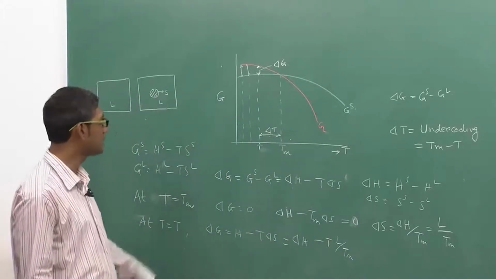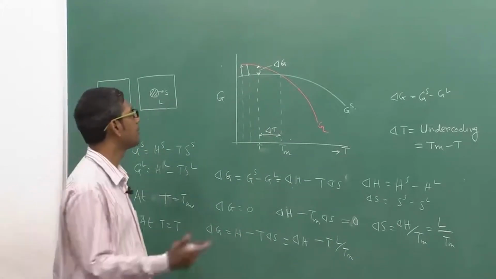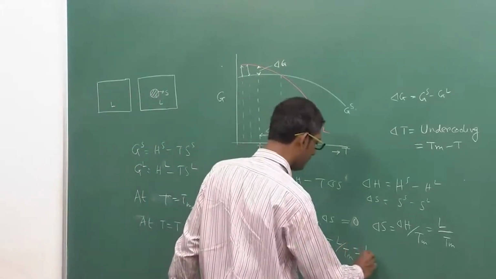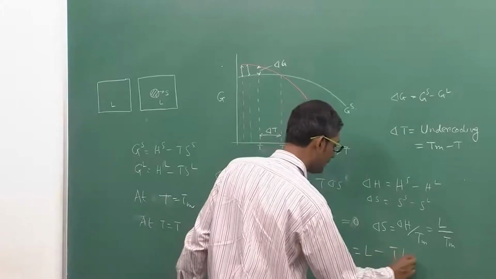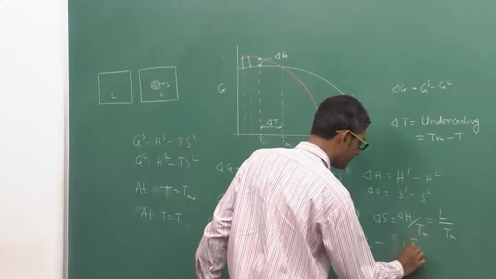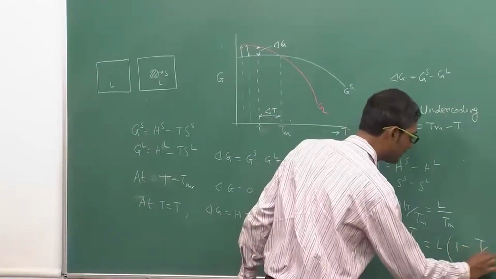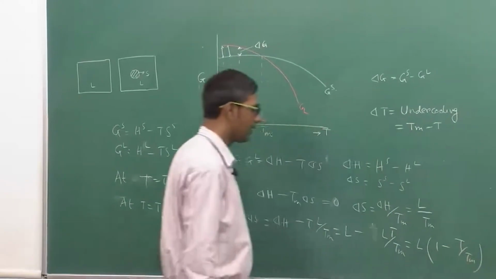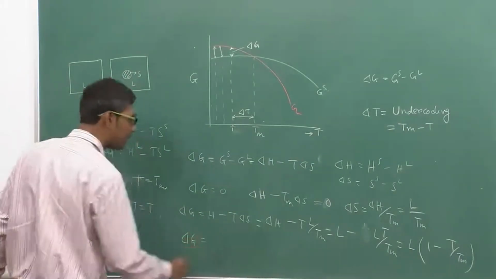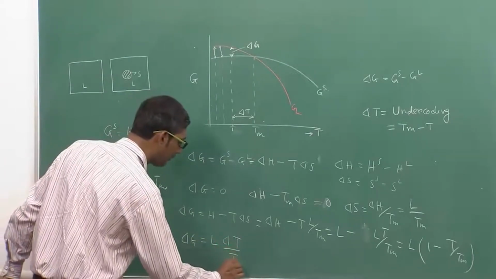Obviously, here in solidification the latent heat is evolved, so delta H must be equal to the latent heat. So I can write L minus T L by Tm, therefore it is equal to L times 1 minus T by Tm. If you do the mathematics properly, delta G becomes L delta T by Tm.